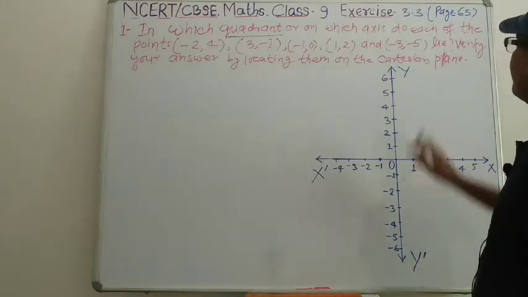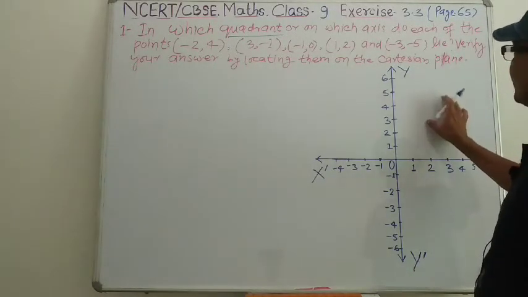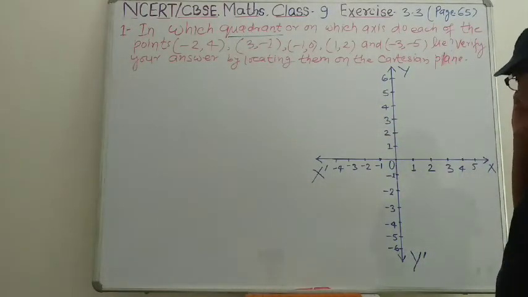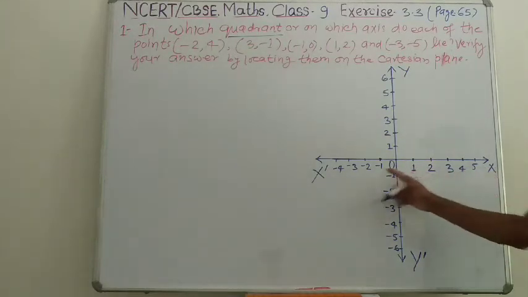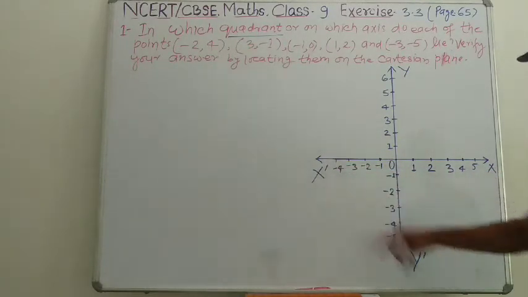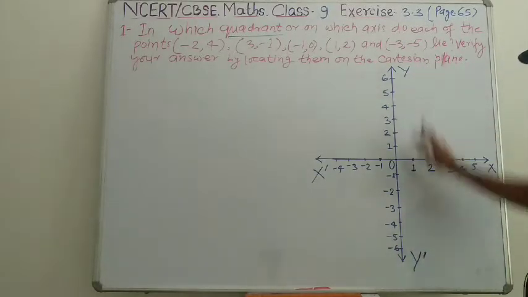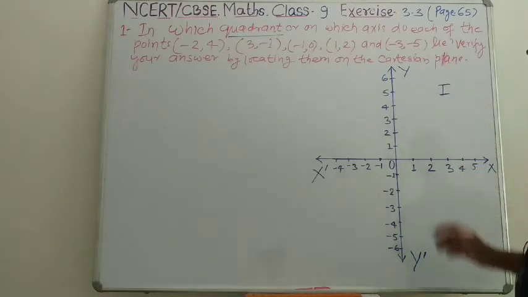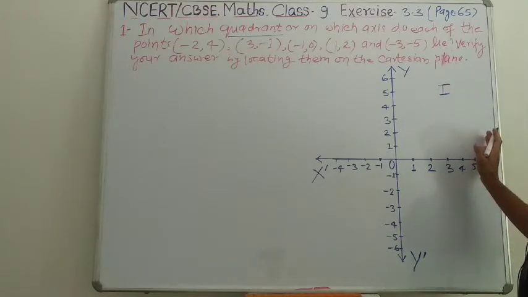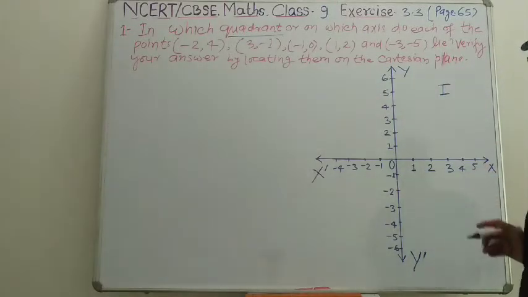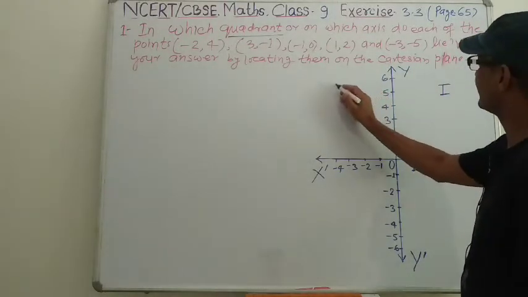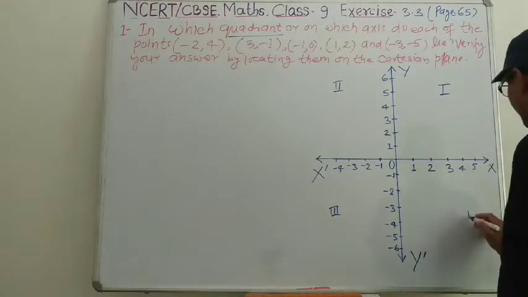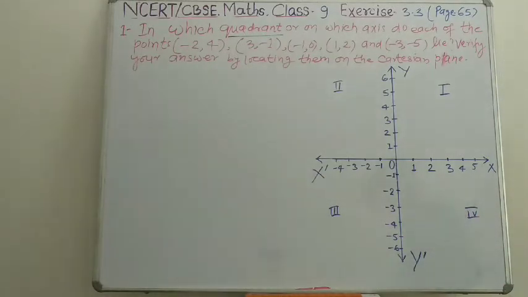So first we should locate the points here, then check in which quadrant these points lie. You know this thing: XOX' is the horizontal line, it is the x axis, and YOY' is the y axis. And this is the first quadrant, because from this x axis we move in the anticlockwise direction. So it is the first quadrant, and it is the second quadrant, it is the third and it is the fourth. And try to locate the points.